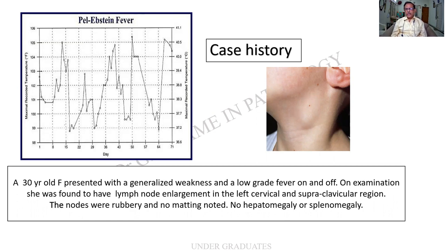The nodes were rubbery and not matted. No hepatomegaly or splenomegaly was there. Also, when the pattern of fever was checked on admission, you found that there was a high temperature and then it lowered and so on, it went on.